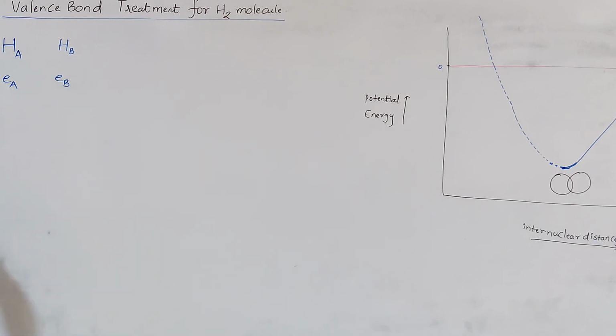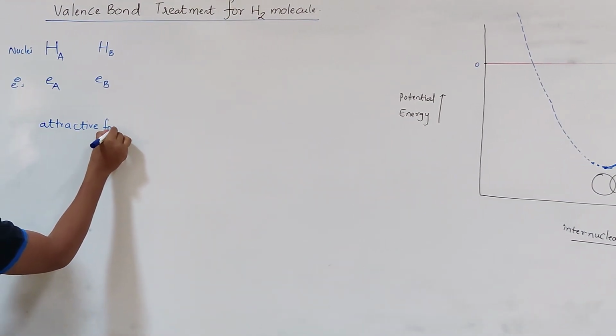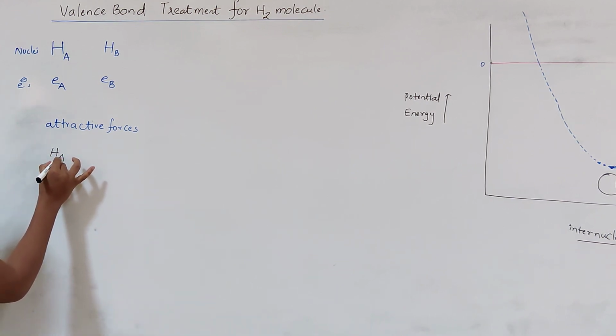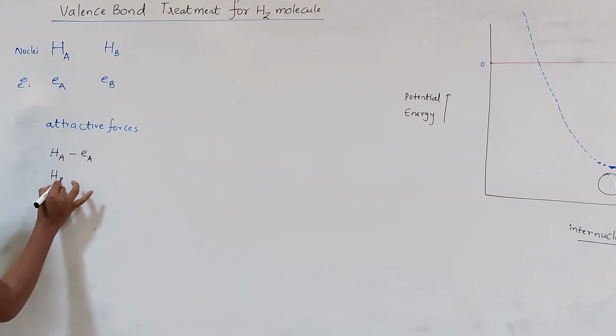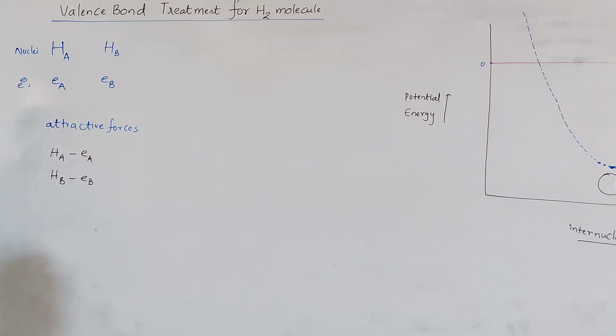You know very well, before they come very close to each other, HA is under the influence of EA, and HB is under the influence of EB. These two attract each other.